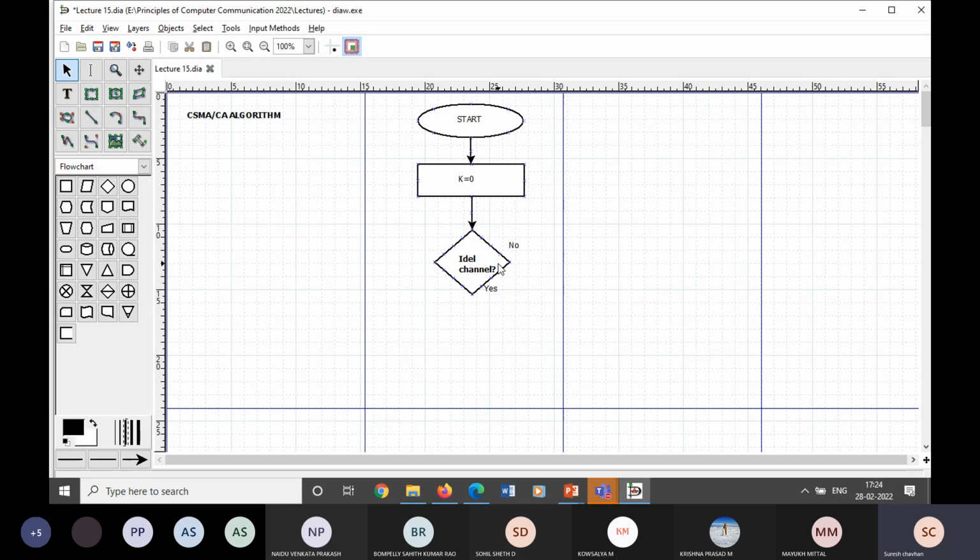If the channel is not idle, this option will be activated and selected, and it goes back here. So if the channel is not idle, it is busy.